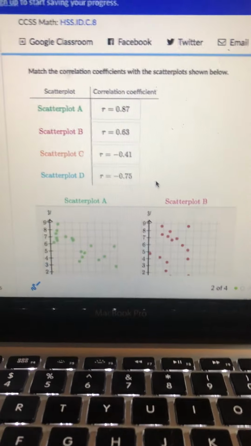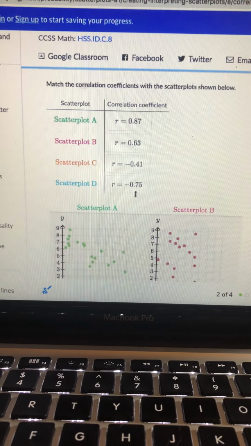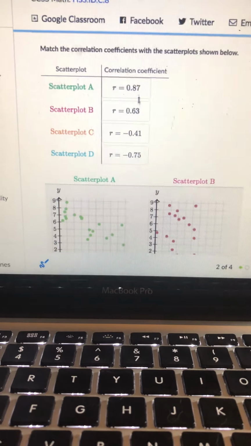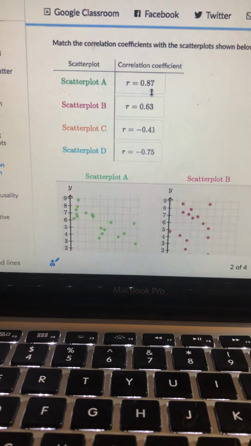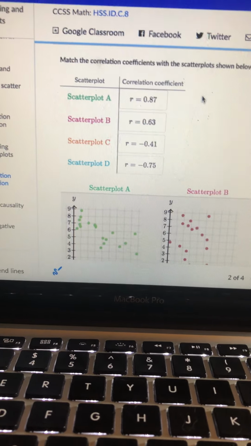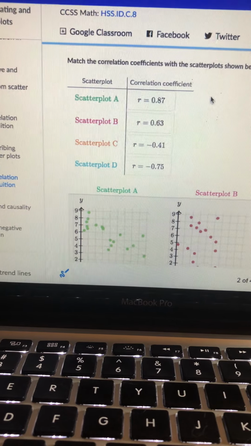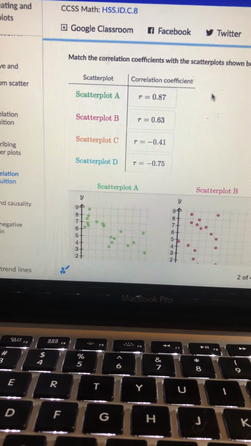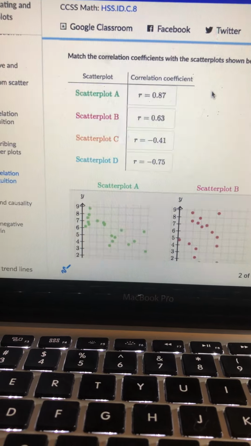So here's an example of what your correlation coefficients look like, okay? I'm just going to give you a brief overview so that you have a better idea of what a correlation coefficient is. The correlation coefficient tells you how strong your data is. It is based on how far away or how close your data is to your trend line.